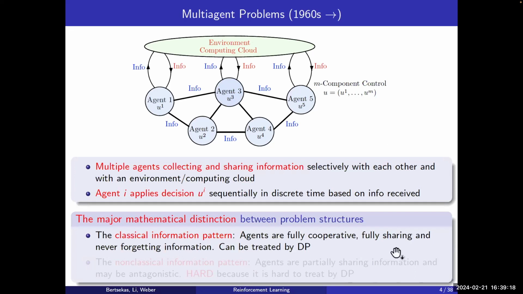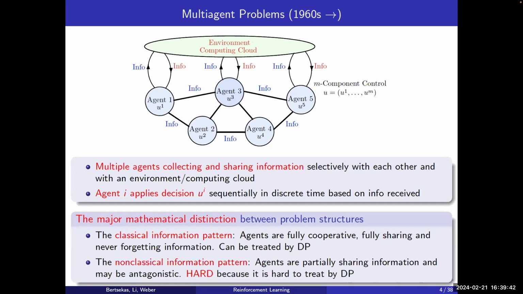What do I mean by fully cooperative? I mean that all the agents present in the environment are in the same team and work for the same goal, and they share all the information that is available to each other. This is an easy case.